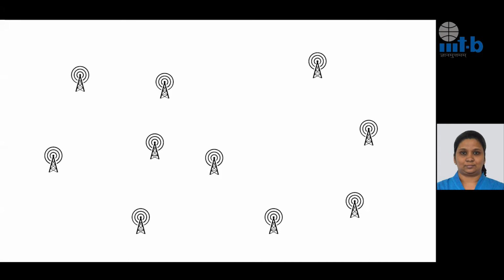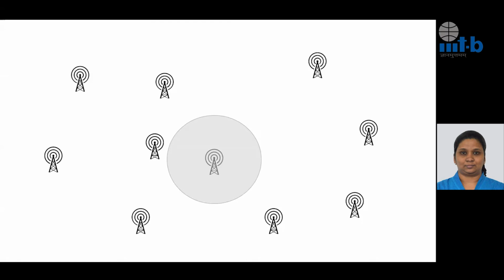So how can we model this situation as a hypergraph? The first step is, you can think of base stations as points in two dimensions, and every base station has a particular range in which it can transmit. This can be approximately represented by a disk in the plane.